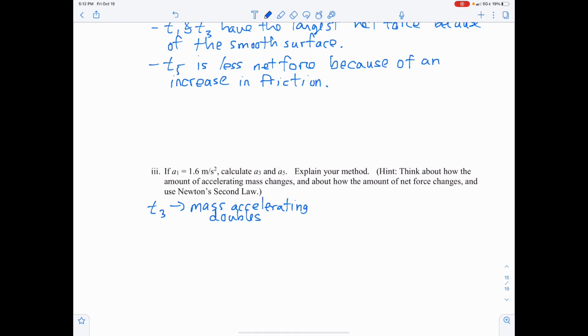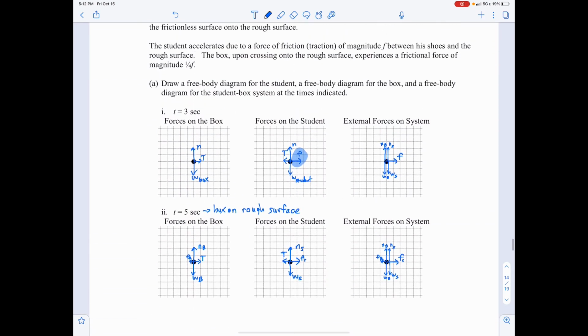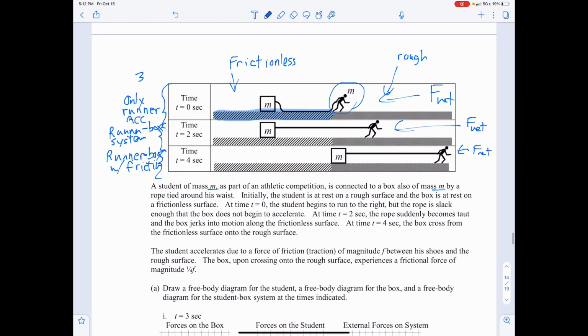Let's take a look at the picture so we can see this. At first, it's just the mass of the student accelerating. But then at T3, right here, you have the mass of the box and the mass of the student both accelerating. So the mass has doubled.